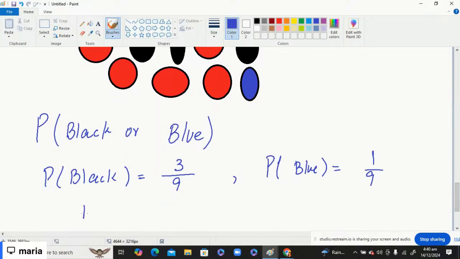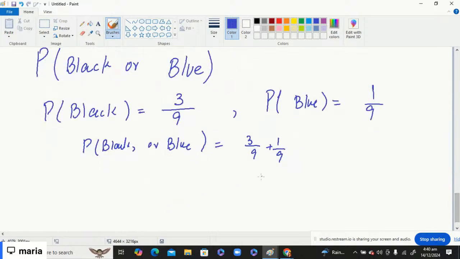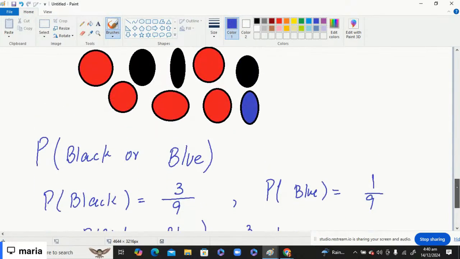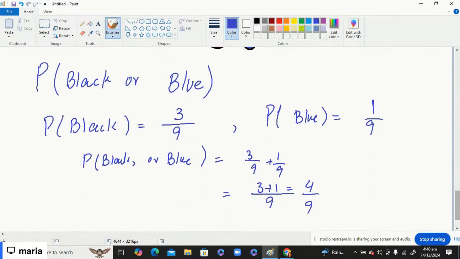Now find the probability of black or blue. So this is 3 by 9 plus 1 by 9. When you add, you only put the 9 once, and 3 plus 1 is 4 by 9. Okay, this is the way that we are going to solve these kinds of questions.